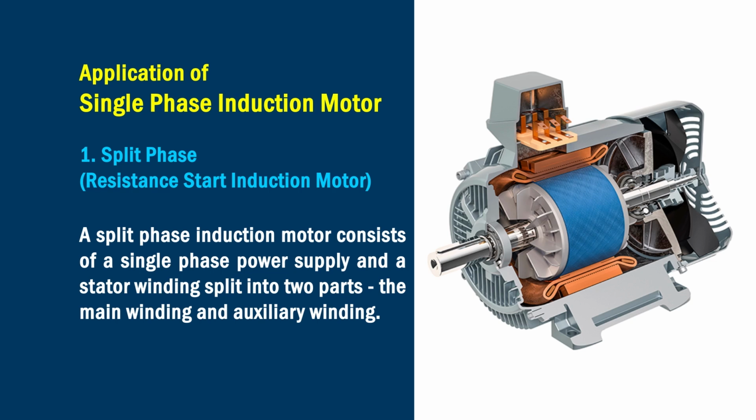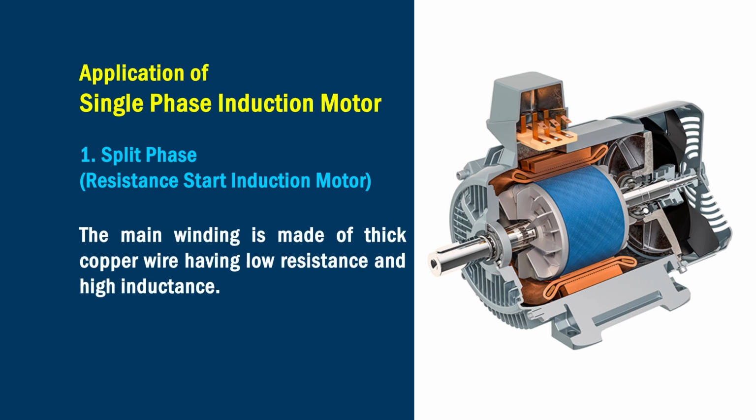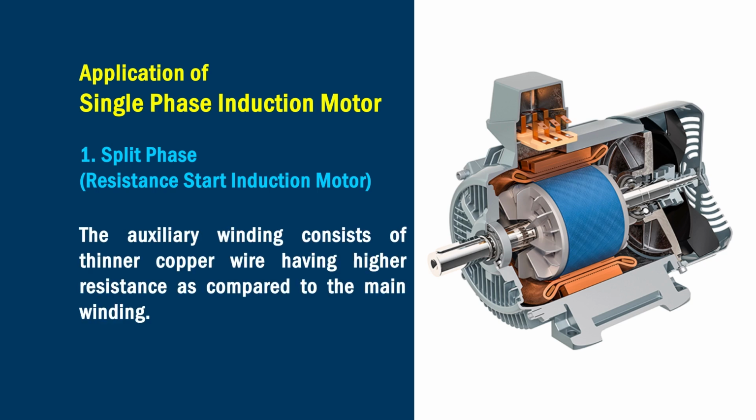A split phase induction motor consists of a single-phase power supply and a stator winding split into two parts, the main winding and auxiliary winding. The main winding is made of thick copper wire having low resistance and high inductance. The auxiliary winding consists of thinner copper wire having higher resistance as compared to the main winding.